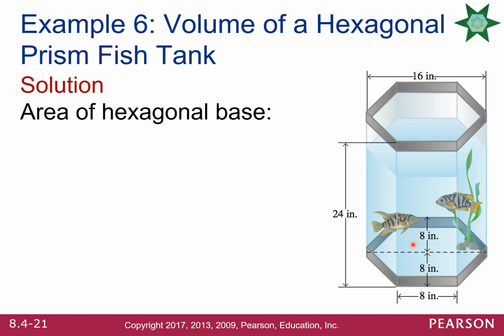And we do know the formula. We did learn how to find the area of a trapezoid. So this base, a trapezoid has bases of 2 different sizes. One base is the 16 inches.